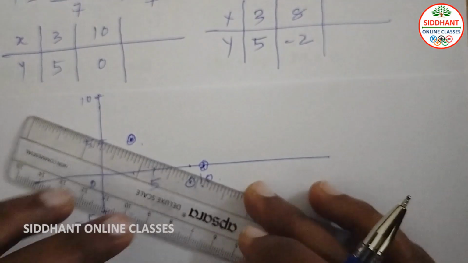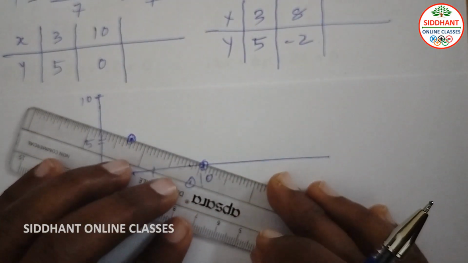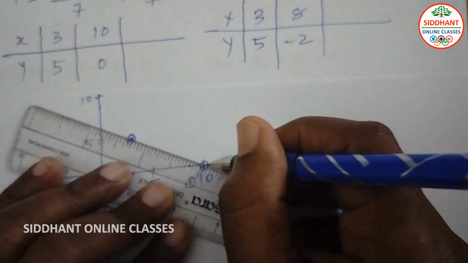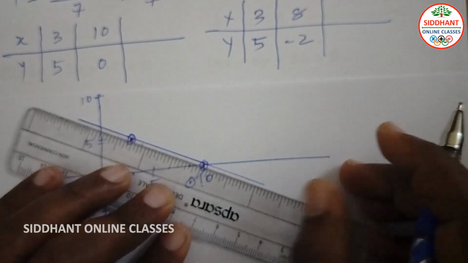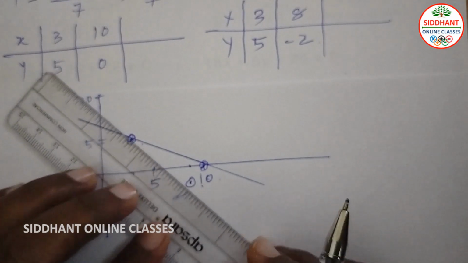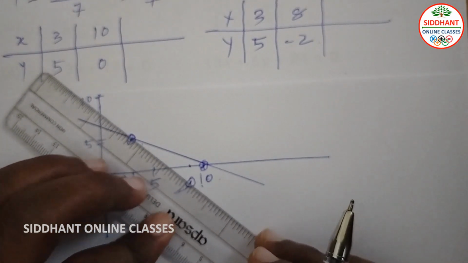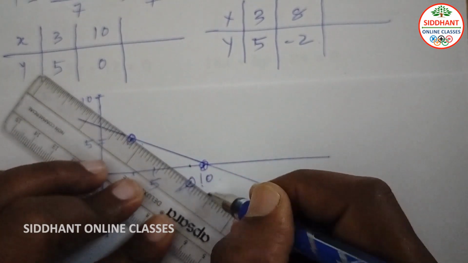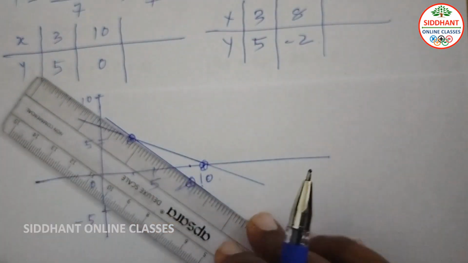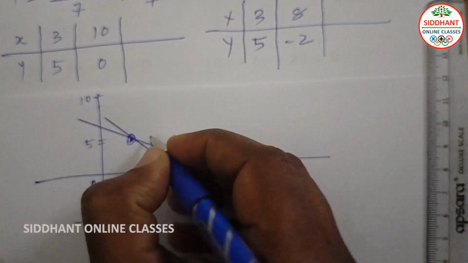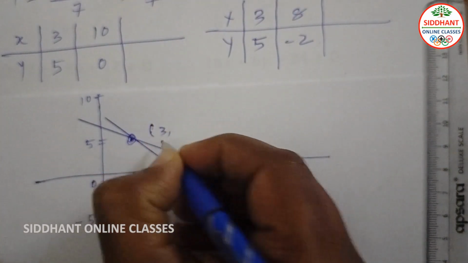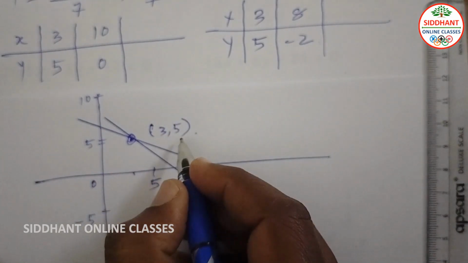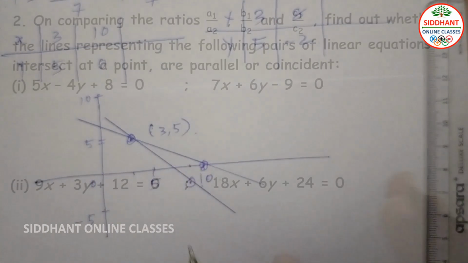Now joining the points, we get the intersection point 3, 5. So x is 3, y is 5.